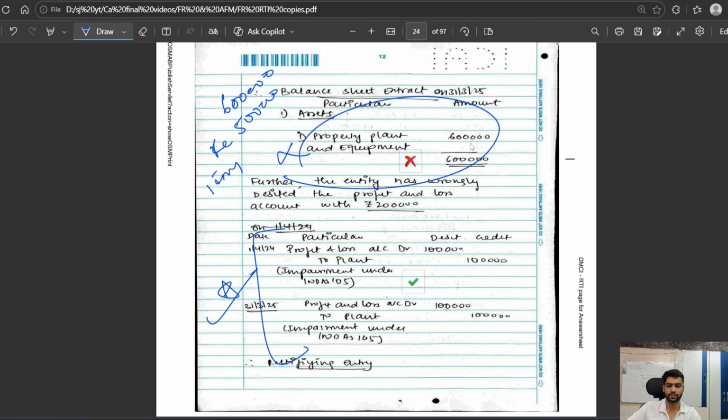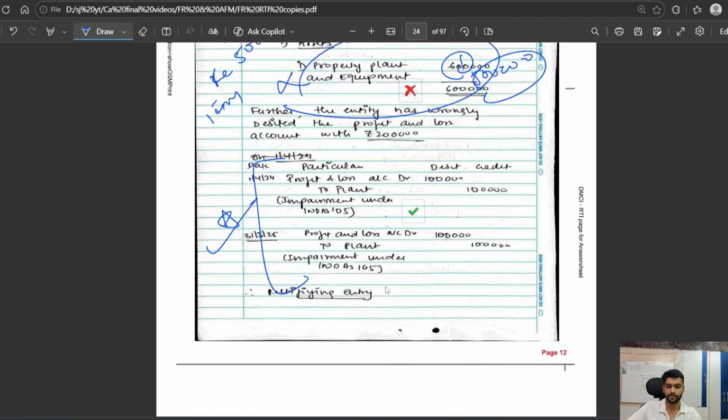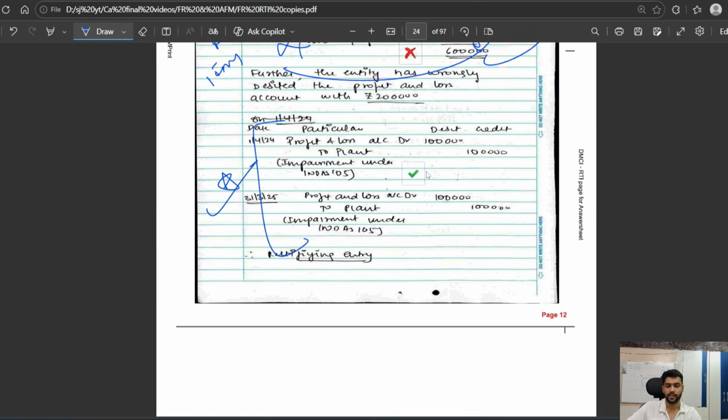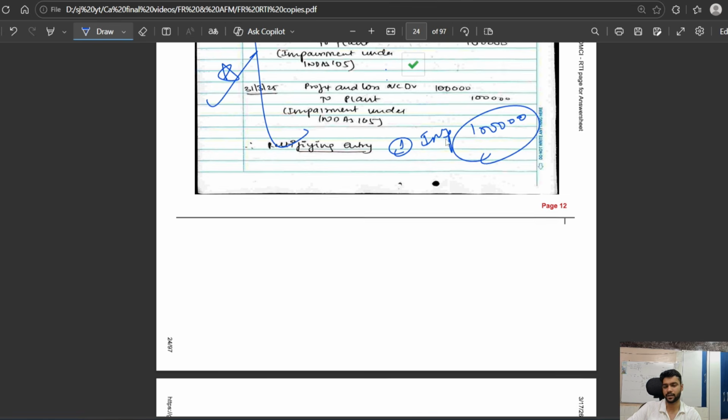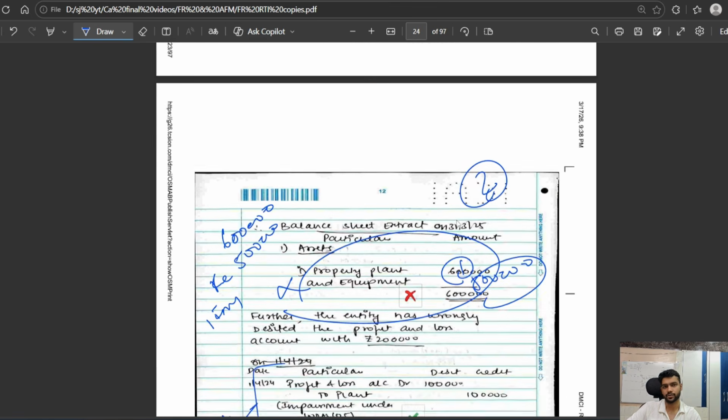So here the answer should have come as 5 lakh. So I think 1 mark is deducted here, and in this case the entry for impairment of 1 lakh is missing, so 1 mark is deducted here. I think 2 marks are deducted here. So this was the issue.